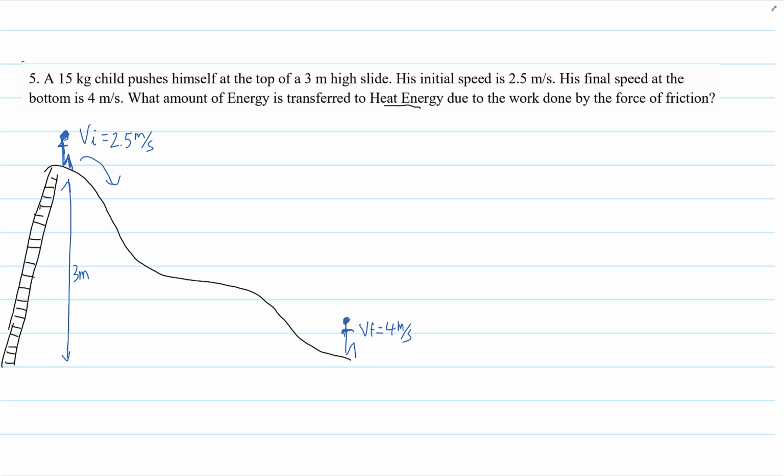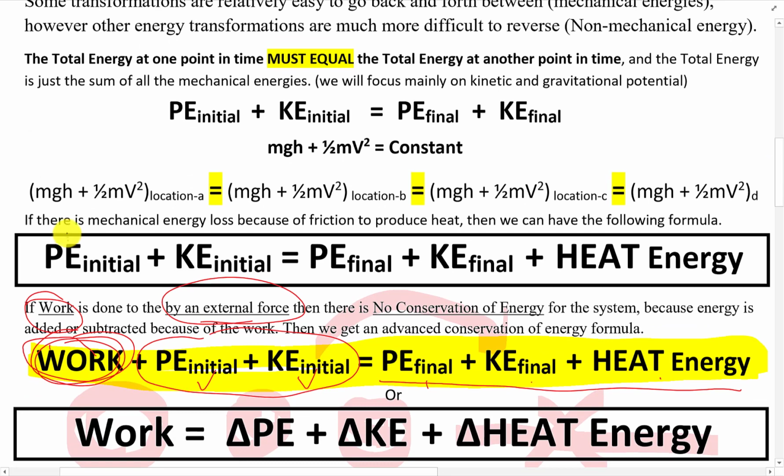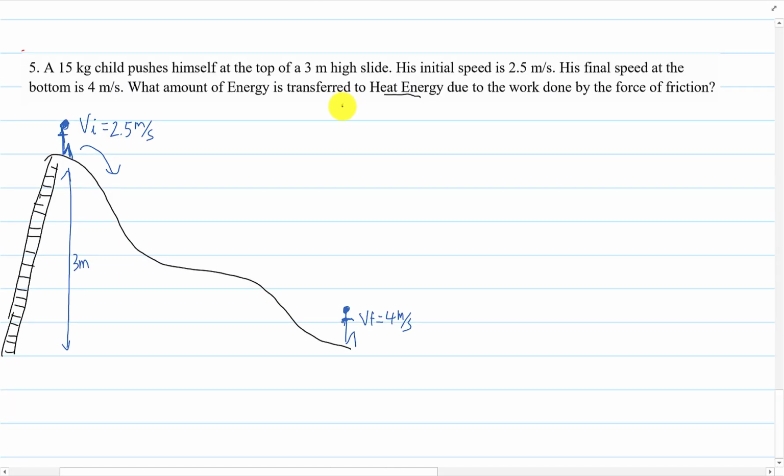Well, we go back to this one, because this adds heat energy. So it's kinetic plus potential equals kinetic, potential, and heat. So the energy before equals the energy after.